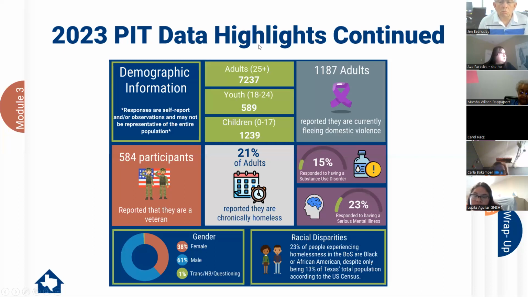When we think through this count, I think it all boils down to a mismatch in how school districts identify youth experiencing homelessness and how other McKinney-Vento programs identify people experiencing homelessness. For the point in time count, there's a really specific definition, and the school district does count youth that are couch surfing or doubled up.